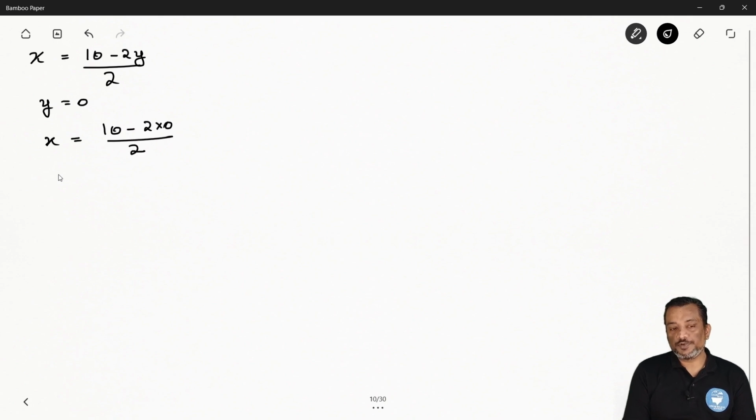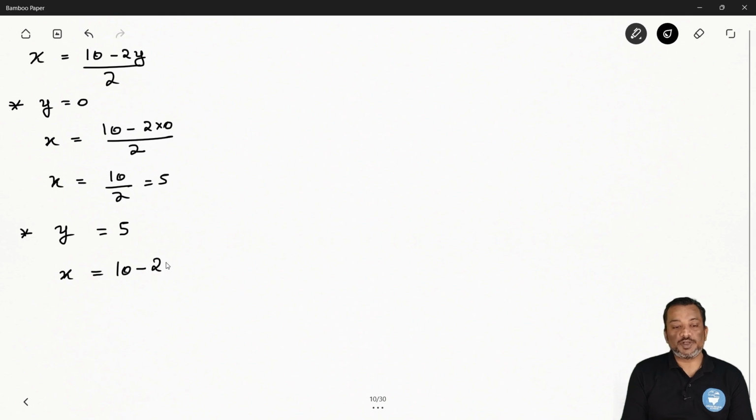Okay, so you will get here x is equal to 10 over 2. So x is equal to 5. So first solution you got it. Now we will take another y is equal to, here you can take a 5. Okay, now let's see. So x is equal to 10 minus 2 times 5 over 2.